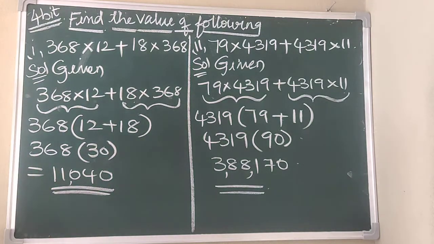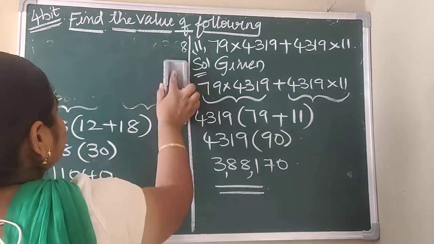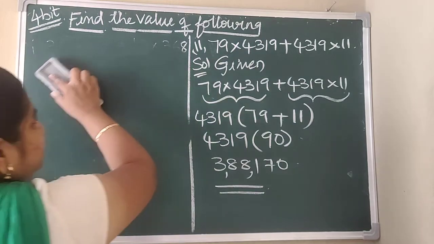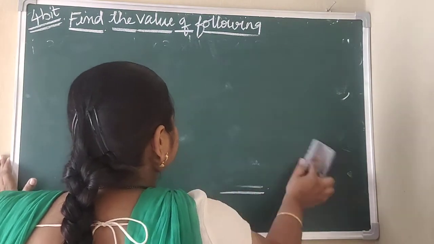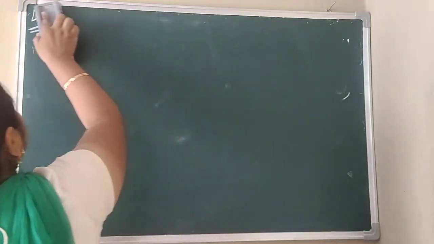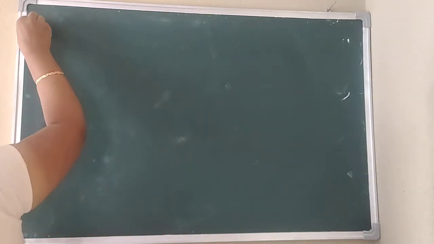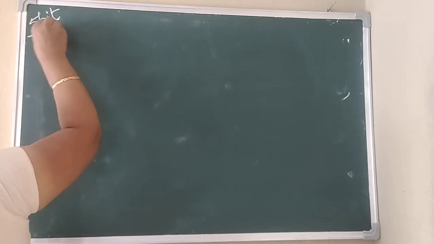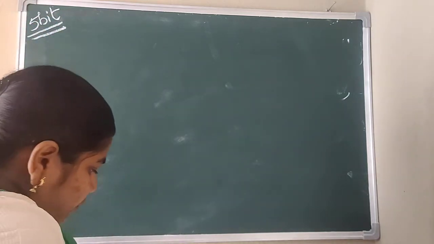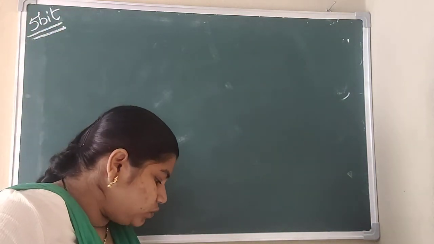Next is fifth bit. What is fifth bit? Find the product using suitable property.